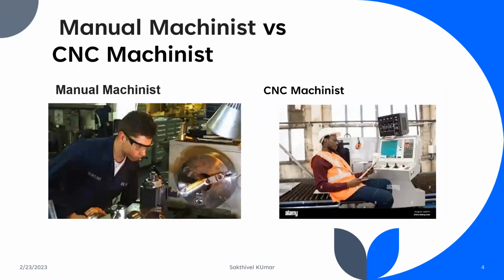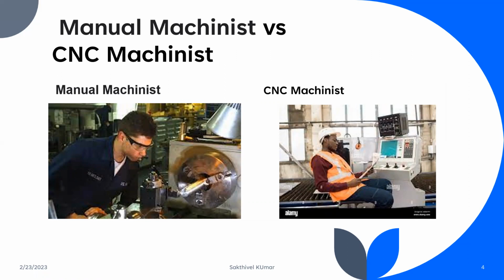So I will tell you once again. In this image you can see the manual operator moves the tool post through the workpiece. But in a CNC machine, the servo motor moves the tool post through the workpiece.